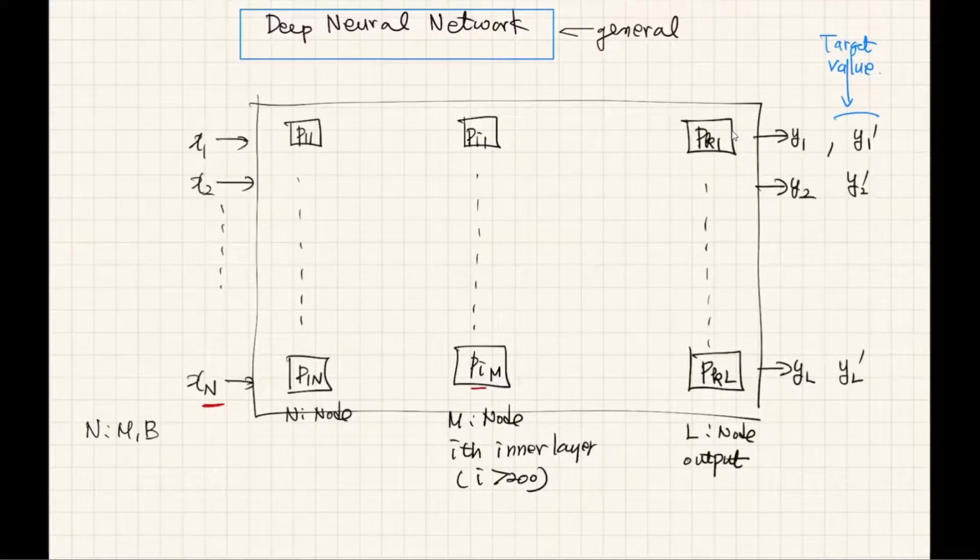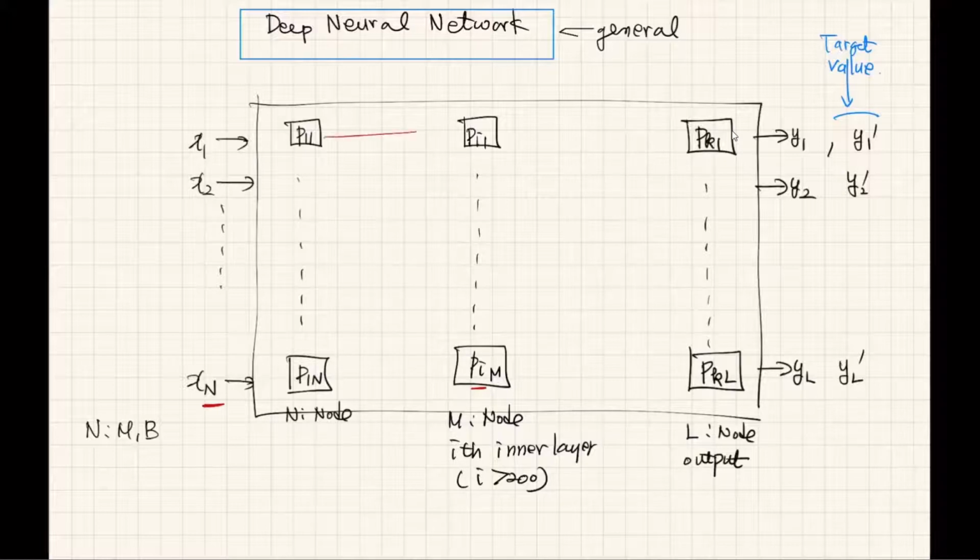Here I assume we just put I, and the number of nodes in an inner layer is m. And at the final layer we have the output layer, where the number of nodes is n. That's assuming this is the more general case.